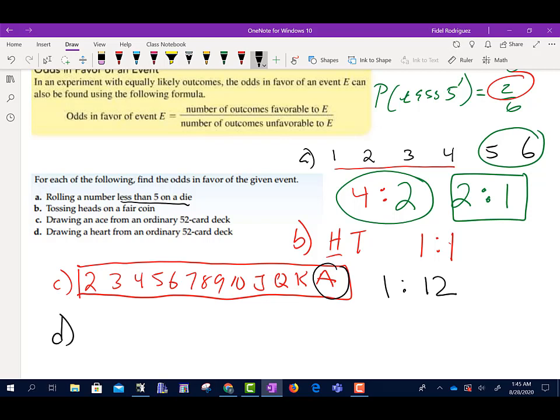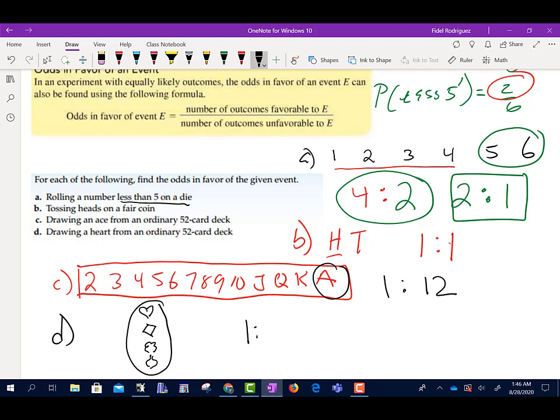Part D says drawing a heart from an ordinary card deck. Think about it this way: we have hearts, diamonds, clubs, and spades. I know I'm not doing them in the right colors. So we have 4 different suits. How many of those suits are hearts? 1 of them.